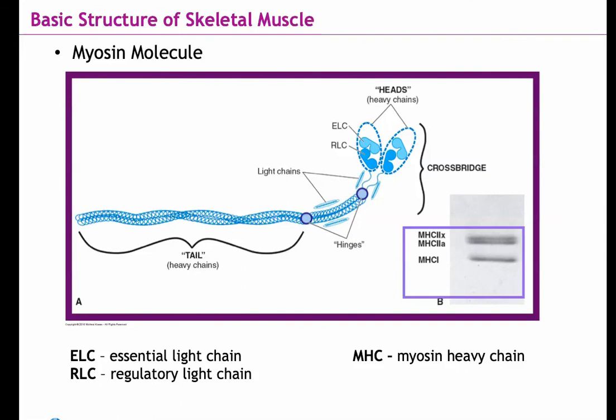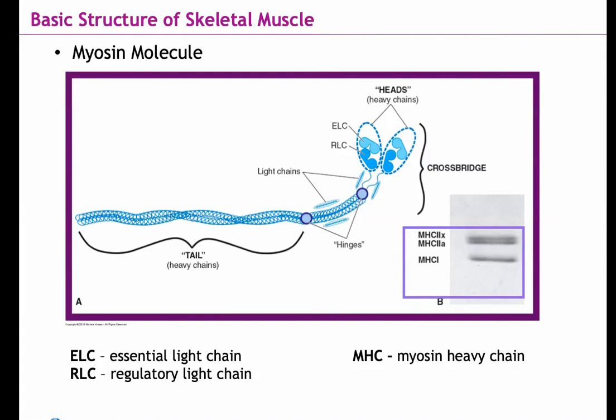We have the tail, which is made up of these light chains we see down here. We have the ELC, which is the essential light chain, and the RLC, the regulatory light chain, and then we have the heads up here, and the heads are heavy chains. That's the MHC, and we look at this picture here.